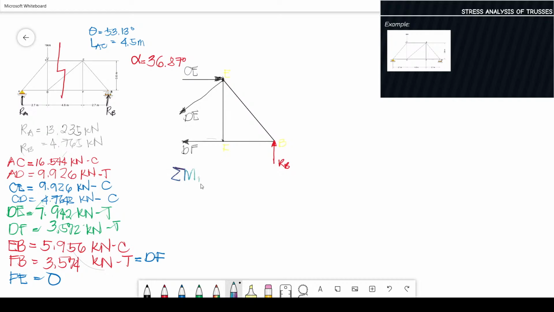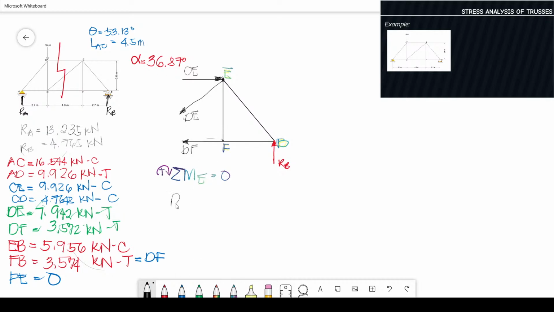Summation of moment at E equals to 0. Again, clockwise positive. So we only have two forces involved in the summation of moment at E. So we have DF. Summation of moment at E is equals to 0.